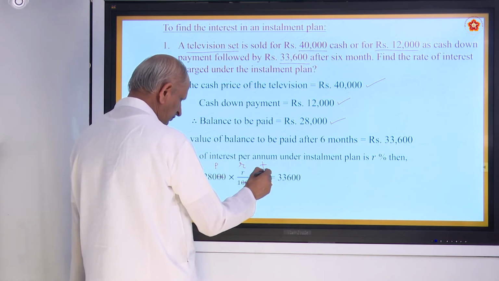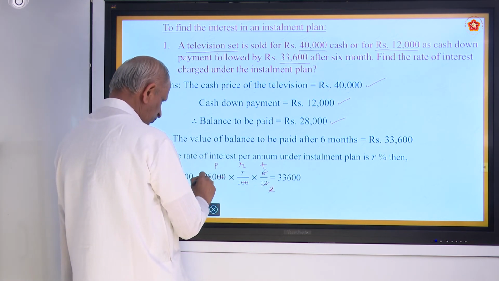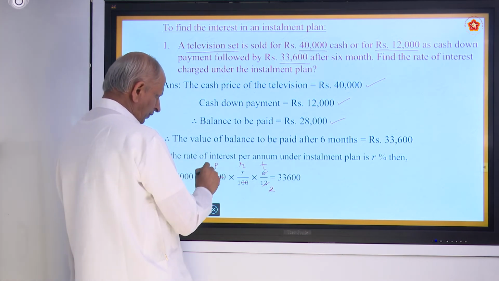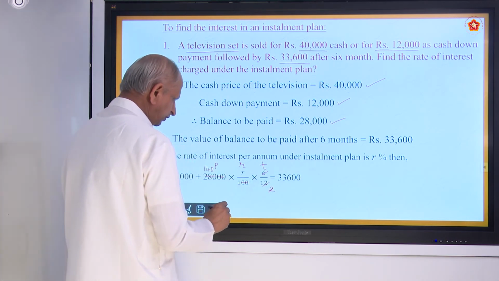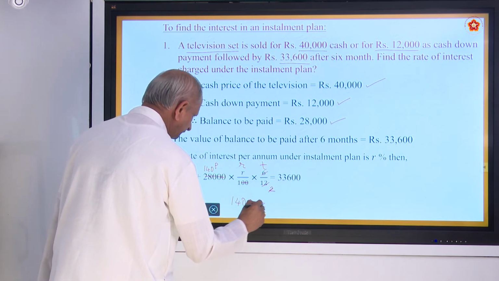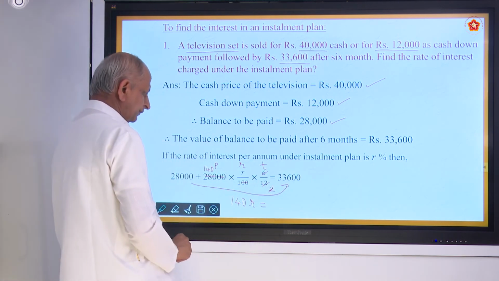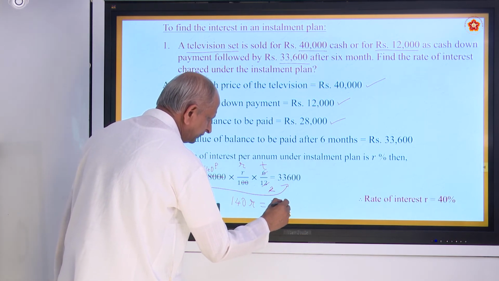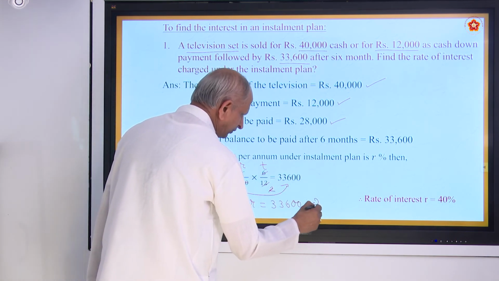Then 6 ones are 6, 2 ones are 2, 2 140s are 140. So 140 into R is equal to, bring this 28,000 to this side. So you have 33,600 minus 28,000.